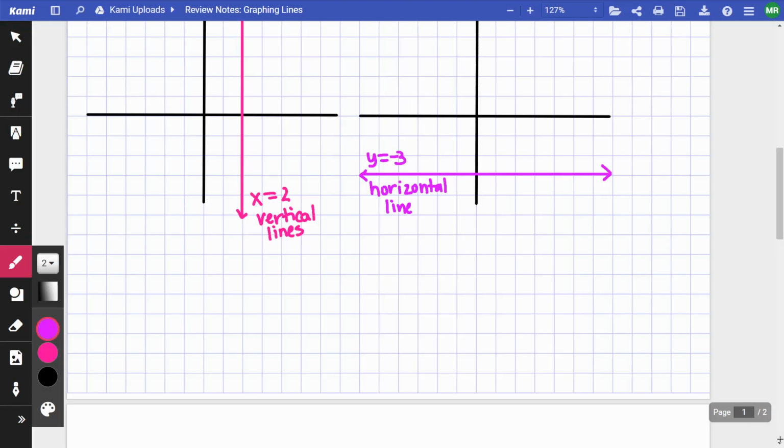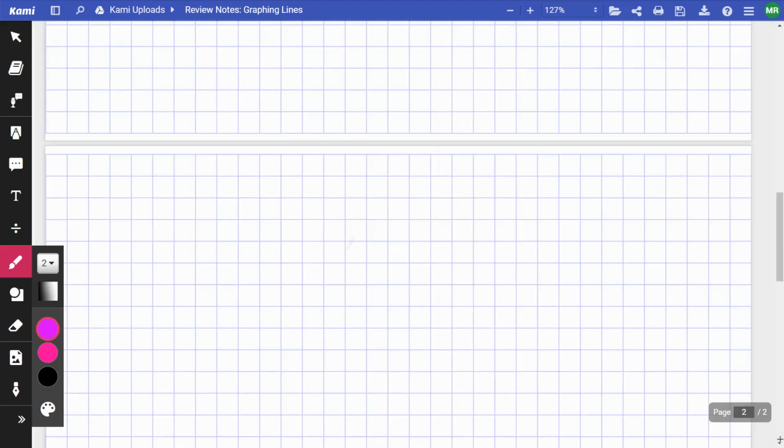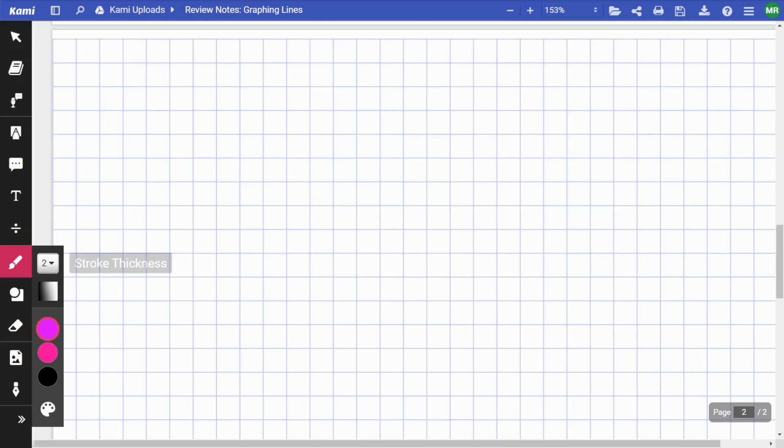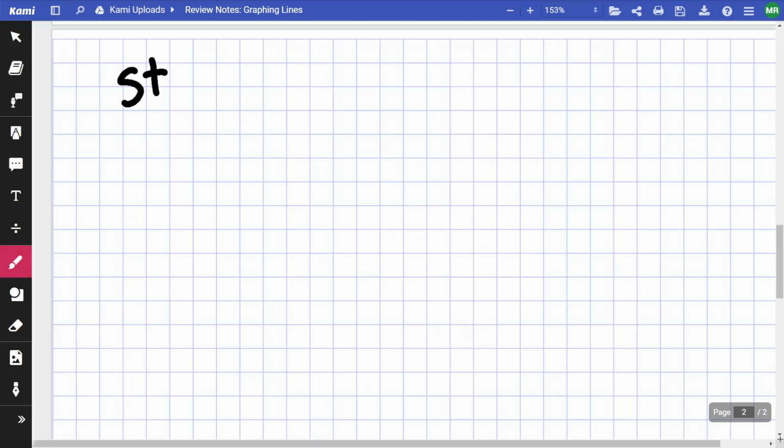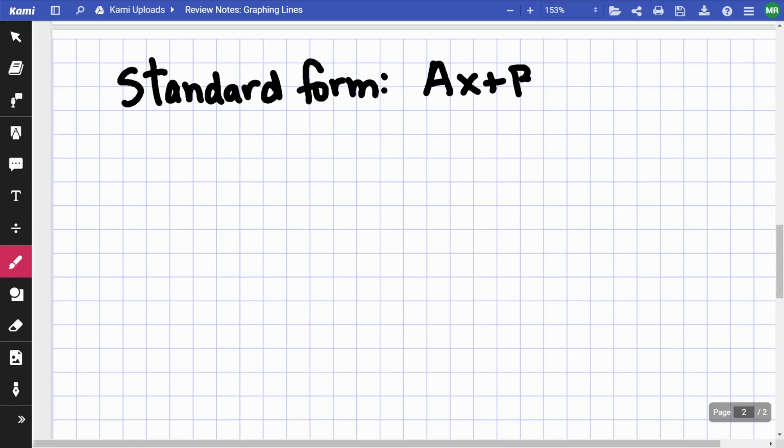And for this one, when we're talking about standard form, it's where your x and y are on the same side. So ax plus by equals c. From this, you cannot identify your slope or your y-intercept.